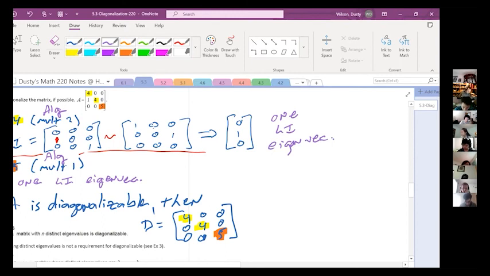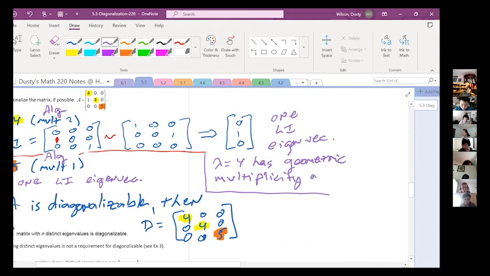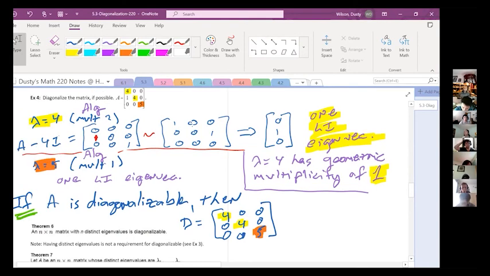And so we would say that lambda equals 4 has geometric multiplicity of 1, because there was one linearly independent eigenvector.